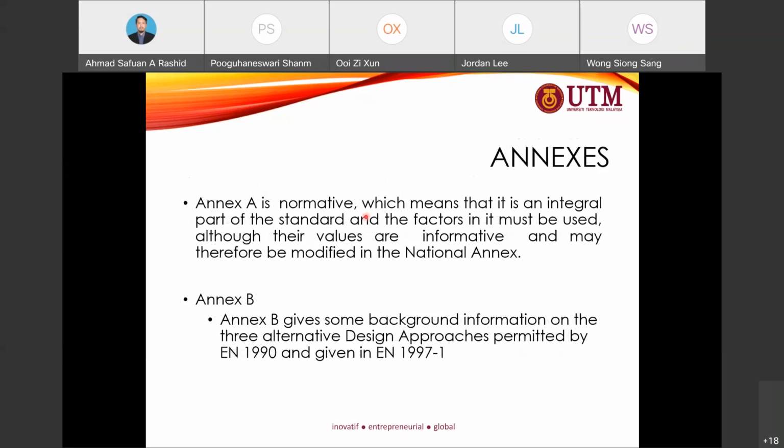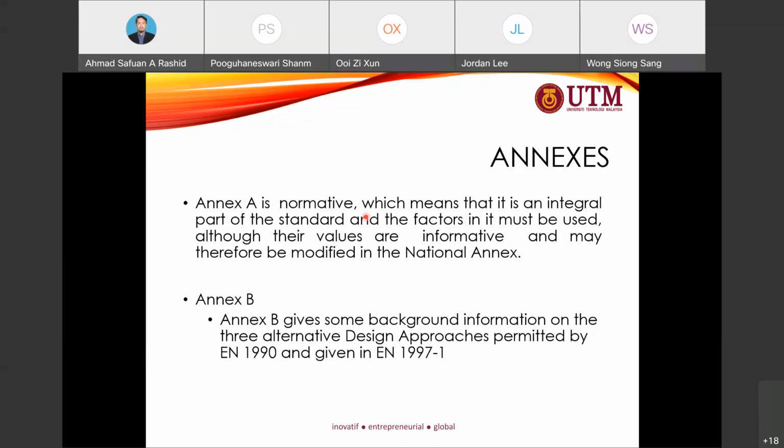Annex A is normative, which means that it is an integral part of the standard, and the factors must be used, although the values are informative and may therefore be modified in the national annex. Annex B gives some background information on the three alternative design approaches permitted by EN 1990 and given in EN 1997.